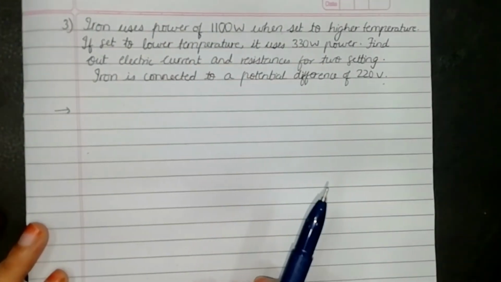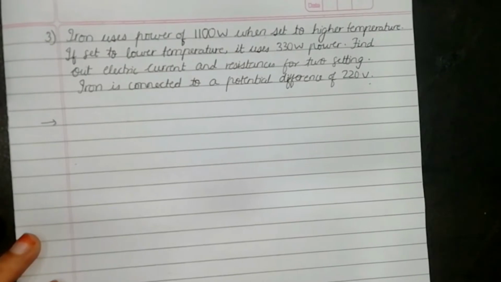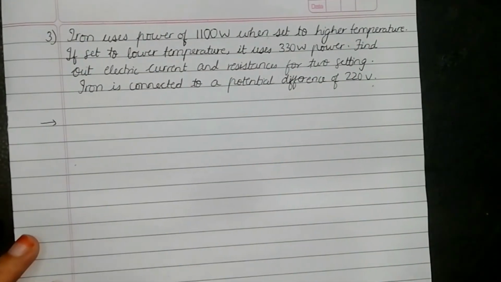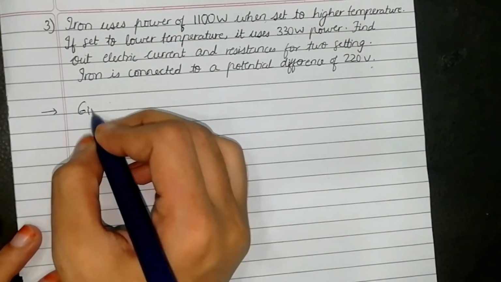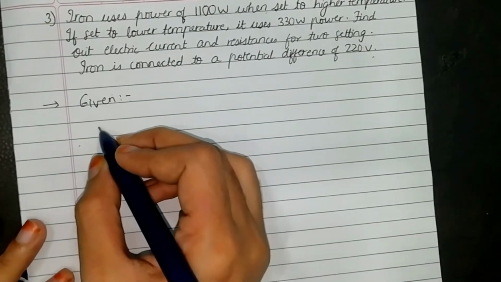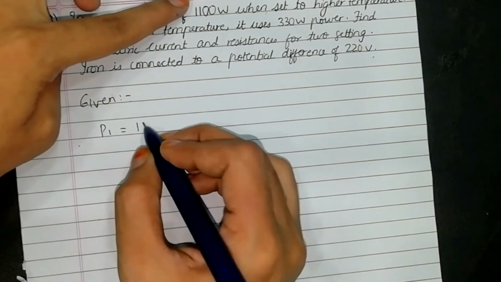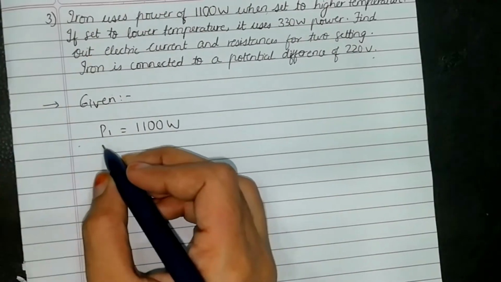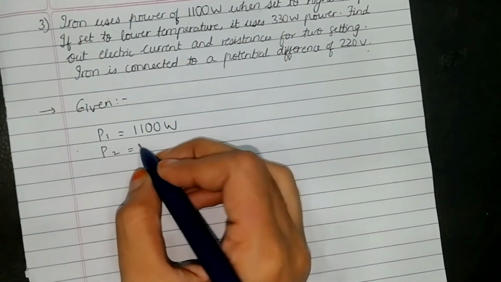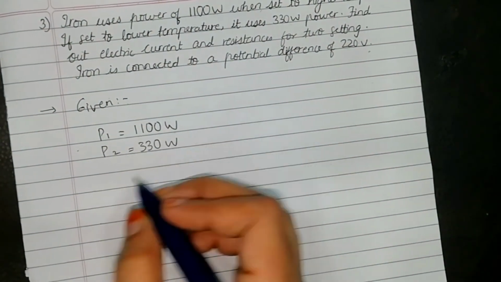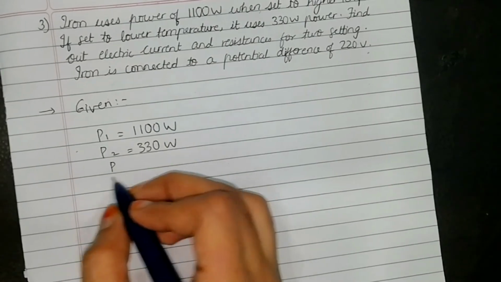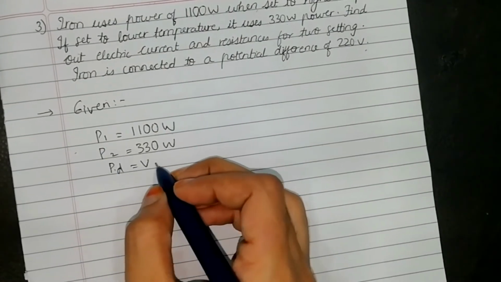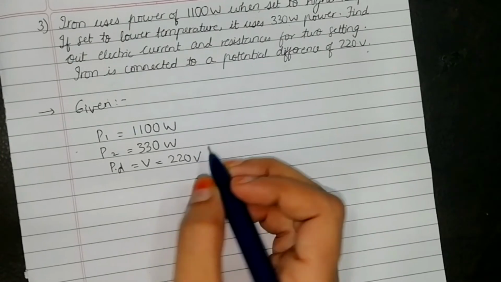First of all, we will write down all the given data. So given is power 1 as 1100 watts, power 2 as 330 watts, and the potential difference or the voltage as 220 volts.